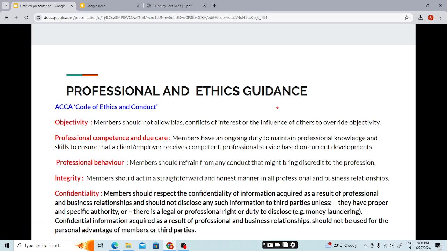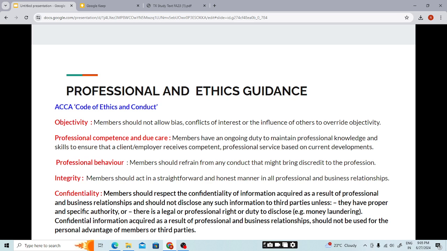Professional and ethics guidance. See, an individual has done aggressive tax planning and paid less tax. So because of that, ACCA says, okay, you are the tax practitioner, the person between HMRC and the individual who is paying the tax, and you are planning or giving guidance or information that you can use this scheme and reduce your tax amount.